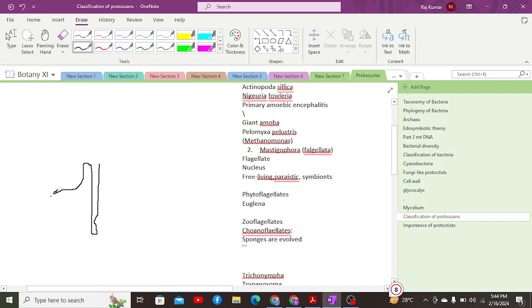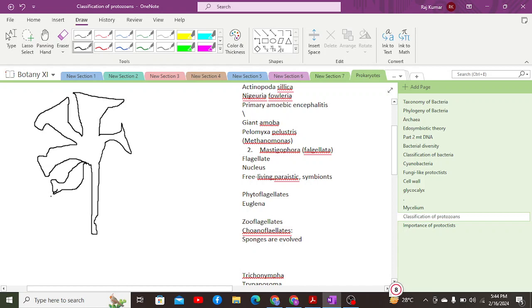Let me try to draw the structure here. There are five conoflagellates in a single colony. The structure is a bit disrupted, but you can better understand it. And here, as you can see, these are the conoflagellates.